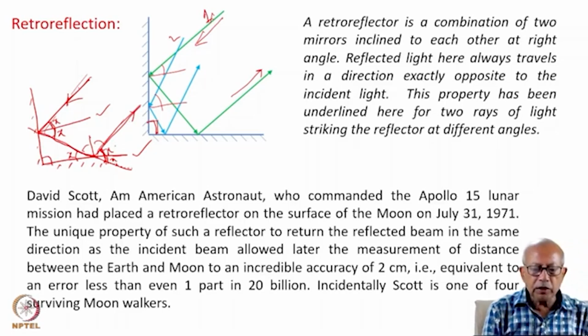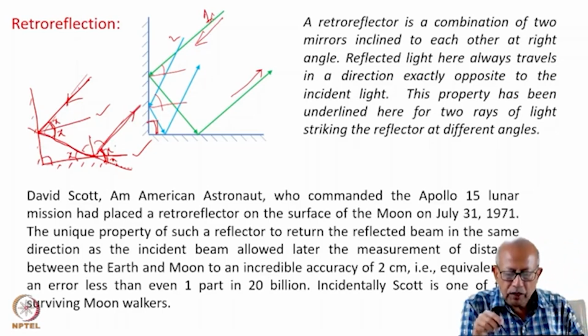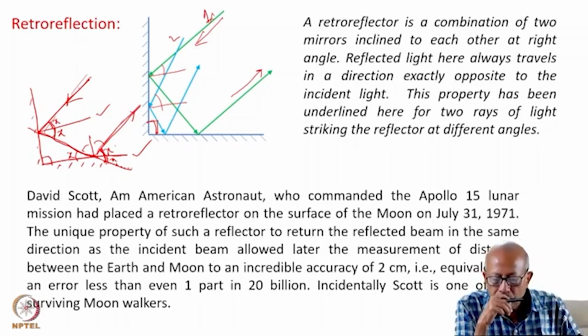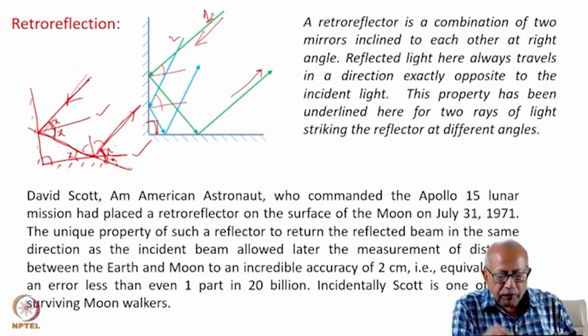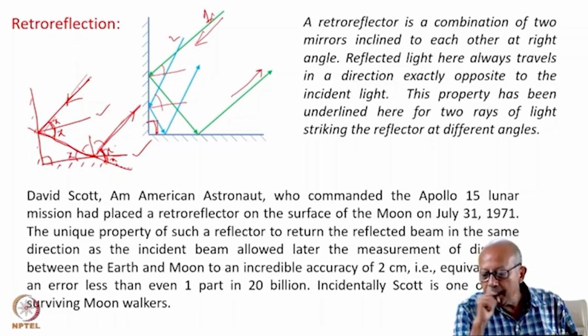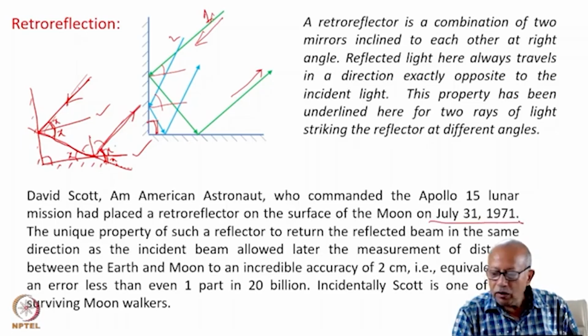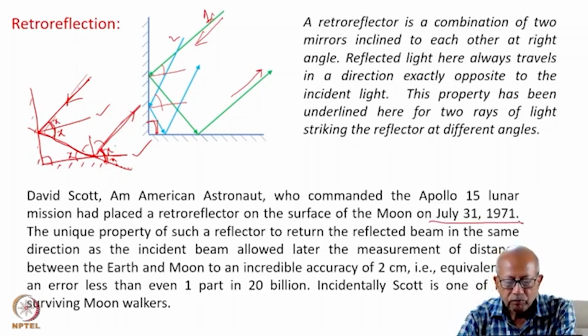Let me mention that David Scott, an American astronaut who commanded the Apollo 15 lunar mission, placed such a retroreflector on the surface of the moon on July 31, 1971.